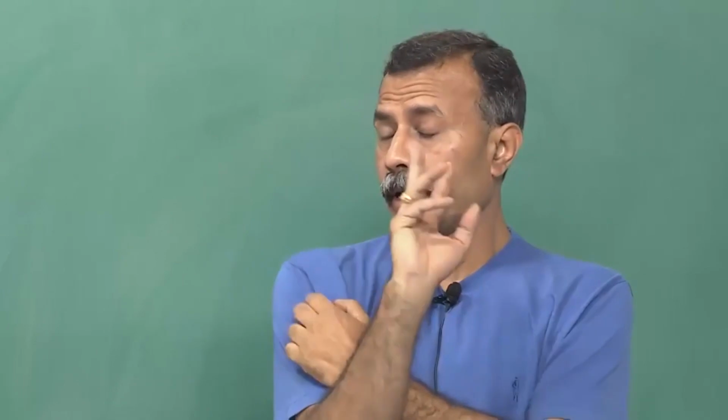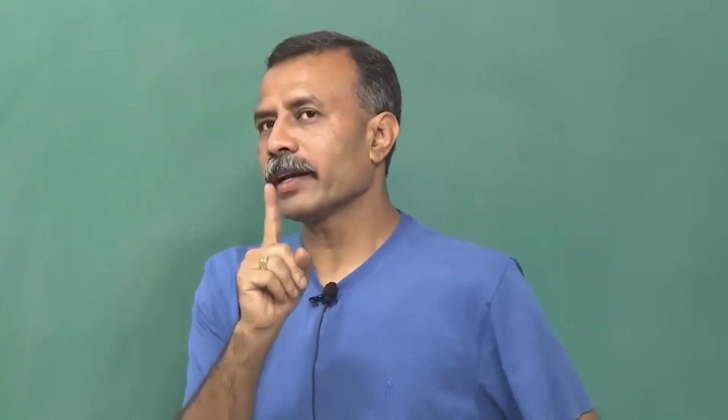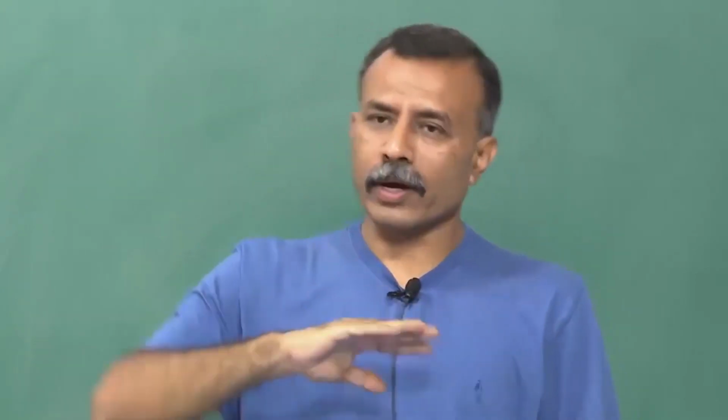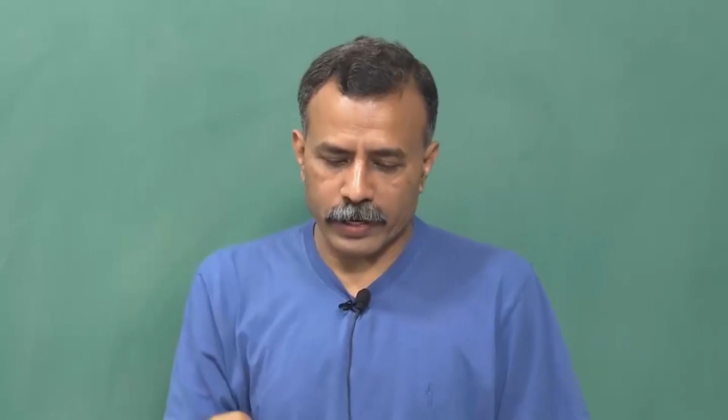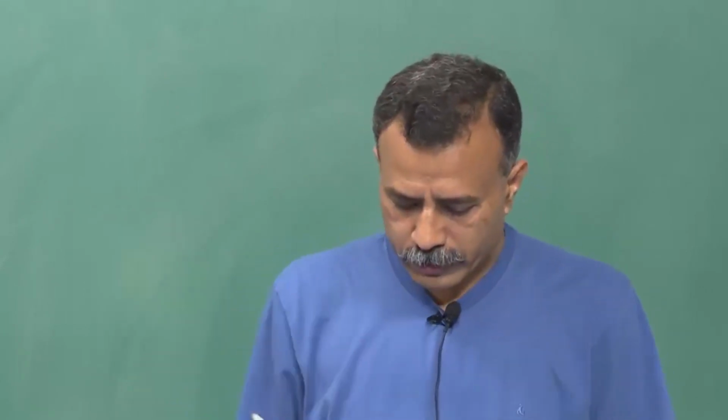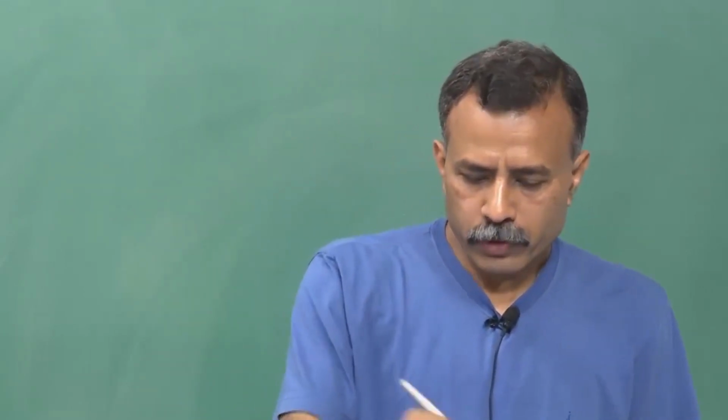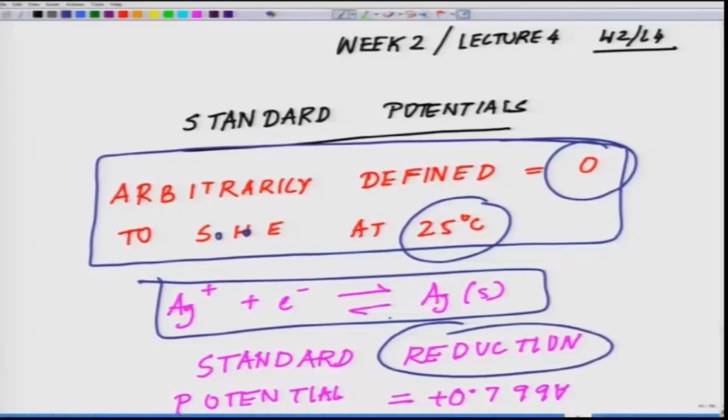So again, you can define it two ways, as I am repeatedly telling you. Try to demarcate. You can talk about the power to give away the electron, which means you are getting oxidized. In that case, instead of standard reduction potential, it will be called standard oxidation potential. But generally, we do not define it like that.